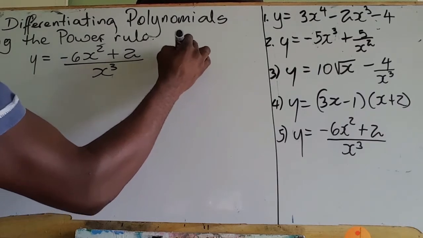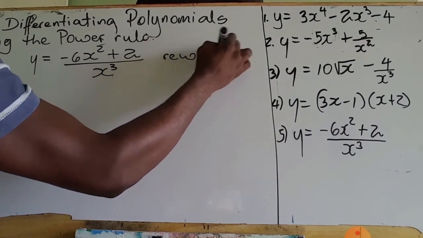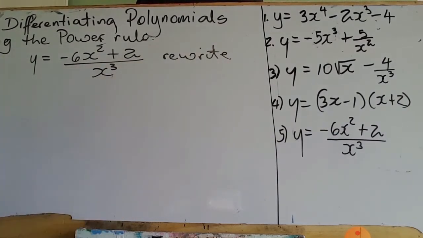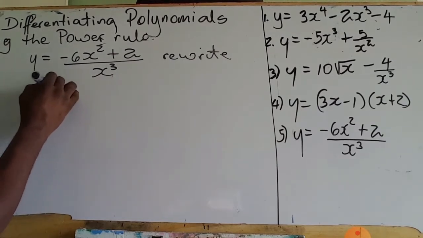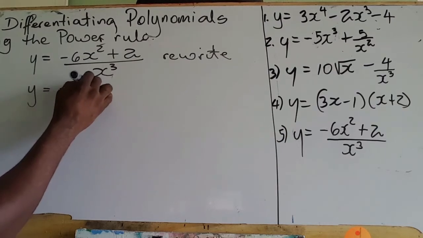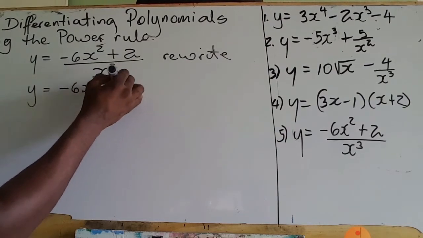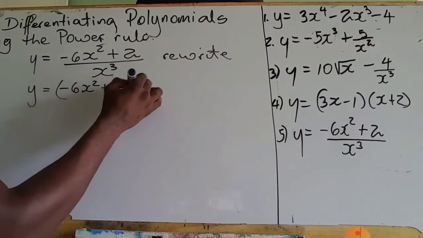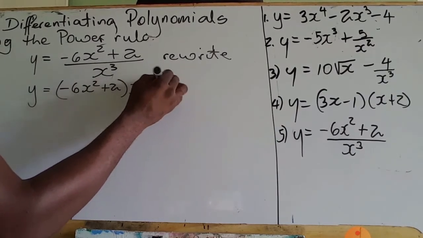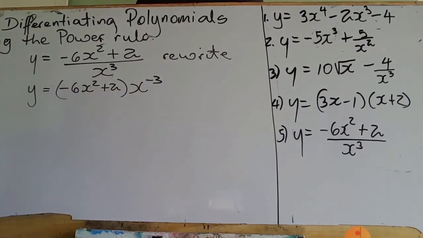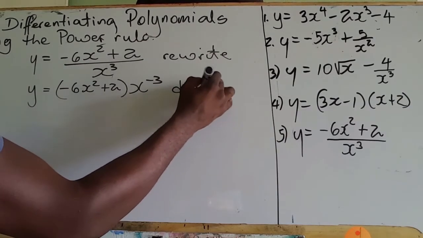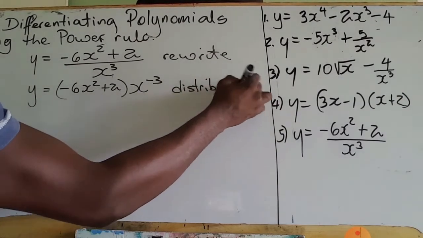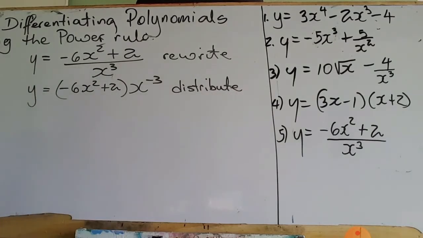We're going to rewrite this. In rewriting this, our intention is to get everything in a power, getting that division part to a minus power. So we're looking at negative 6x squared plus 2 multiplied by x to the minus 3. Now, what we're going to do is to distribute x to the negative 3 inside the bracket. So we still would be simplifying this.